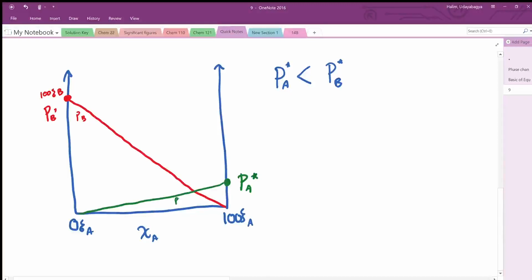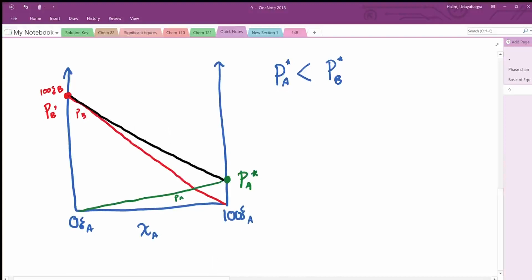This is the partial pressure of A. Now the total pressure is just the sum of the two, A plus B. So we have that line here. This is P total. Sorry, it's curving a little bit, we're going to make it a little bit straighter. So this is P total, which is just PA plus PB. Okay, so this is the graph that you've seen in your textbook as well.